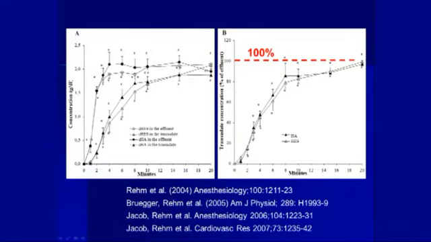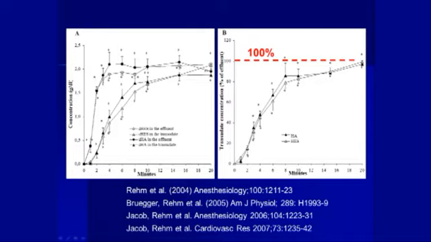Surprisingly, the colloid concentrations we measured in the transudate, in the interstitial fluid of the coronary transudate, were not significantly different to those we applied intracoronarily after an equilibration interval of about 20 minutes.